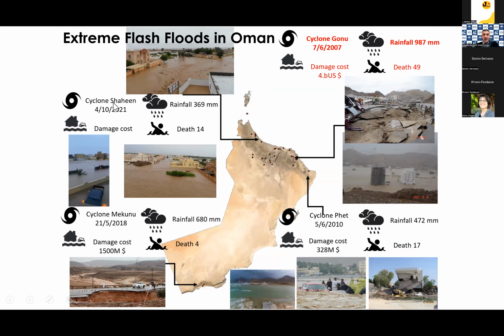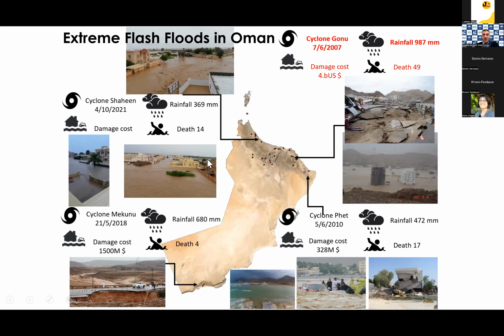This is the last cyclone, Cyclone Shaheen, with very high rainfall of more than 369 millimeters and a very high number of lives lost. Previously there were also many cyclones like Gonu, with more than 4 billion US dollars in damage cost, and Phet in 2010, and many others.